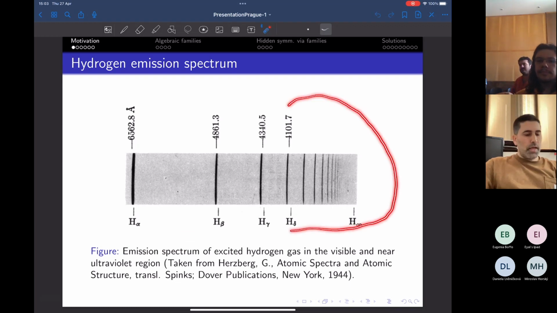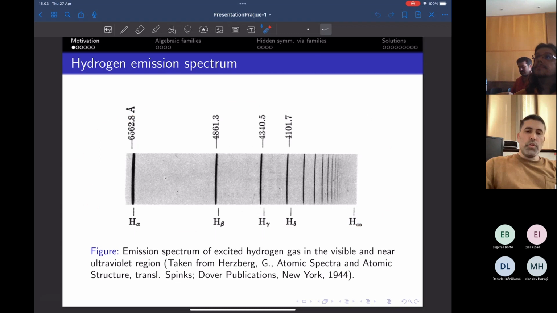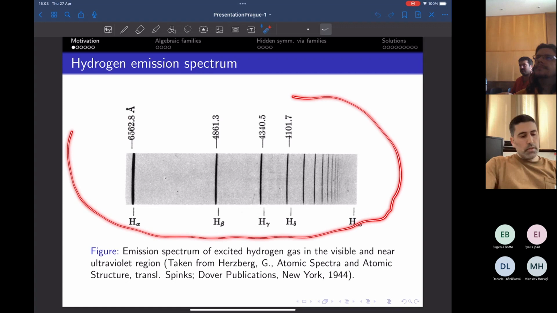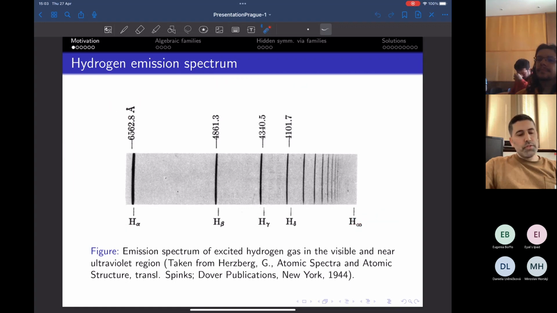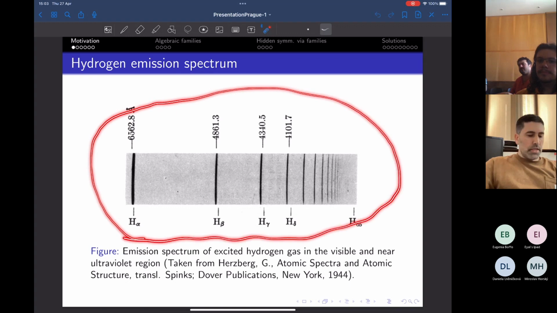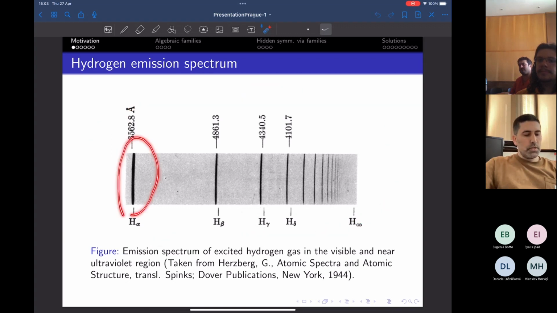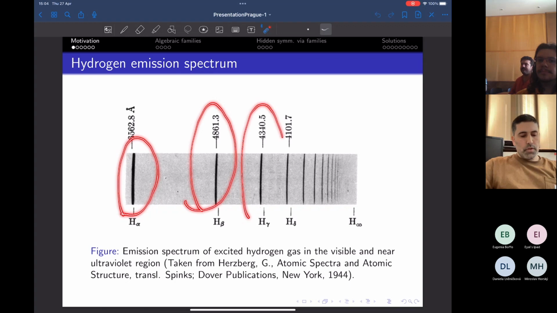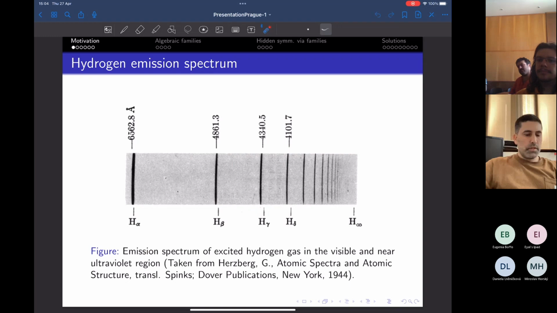If you take hydrogen gas, and if you give it energy, if you hit the gas, at some point it will emit light. If you let the light go through a prism, you'll see such a pattern of emission spectrum, some distinct wavelengths within the visible range, the visible light.